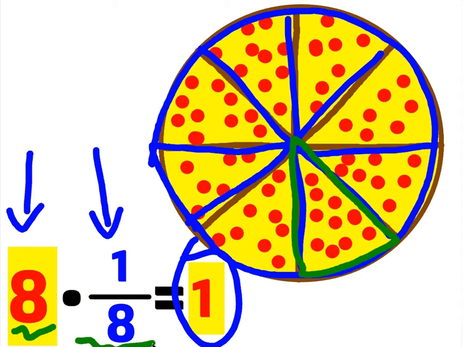What number must I multiply that by to end up with 1 slice? And the answer is I'd have to take 1/8 of that to end up with 1 slice. So that's a different way of thinking about it than we talked about before. The other way we talked about was multiplying the 1/8 of the pizza to get 1 slice back. Either way, it goes to show that a number times 1 over itself gives you 1 back.